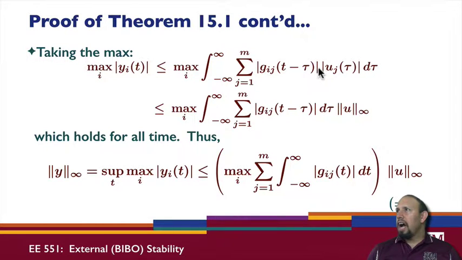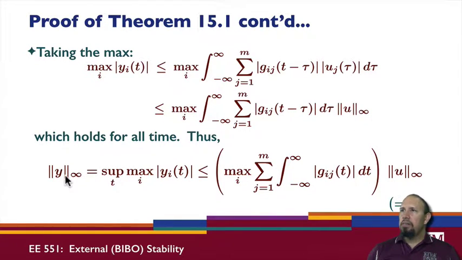I can make this not a function of u_j by looking at the fact that this value at any instant in time tau is less than the infinity norm, which is taken over all time. Okay, so I get this inequality. I could get equality here if this function were a constant value at this value, so I could actually get equality here for a particular u. But in general, I will get less than or equal to. So I have this quantity here.